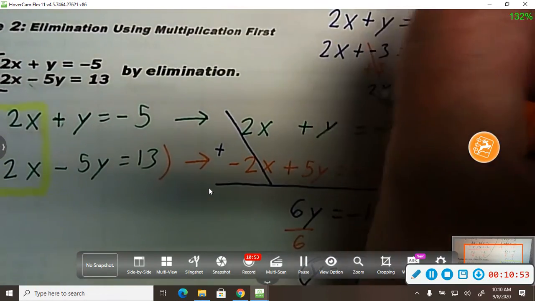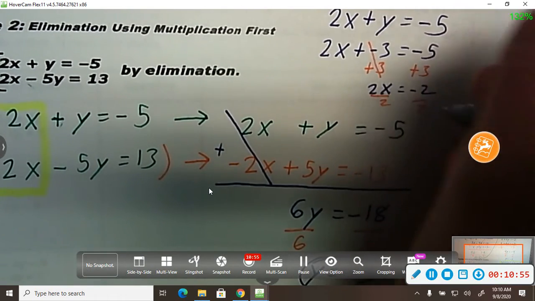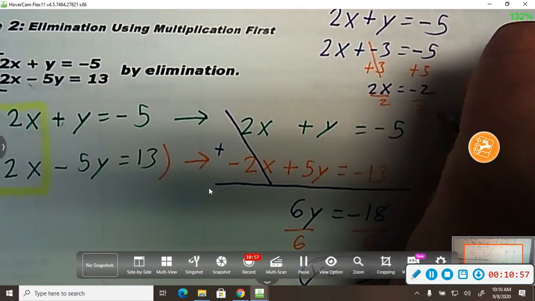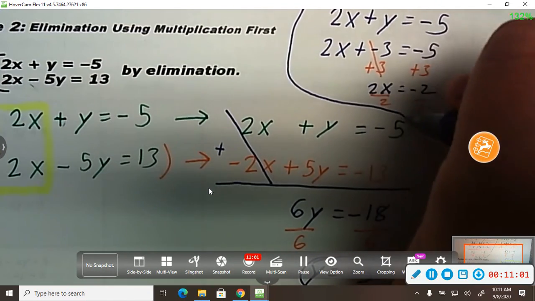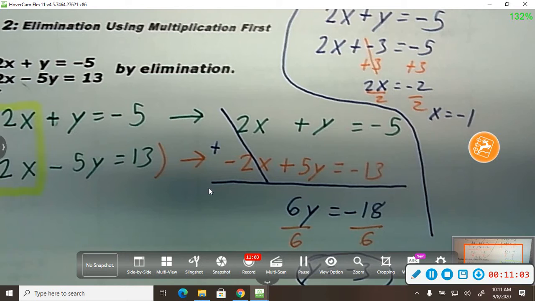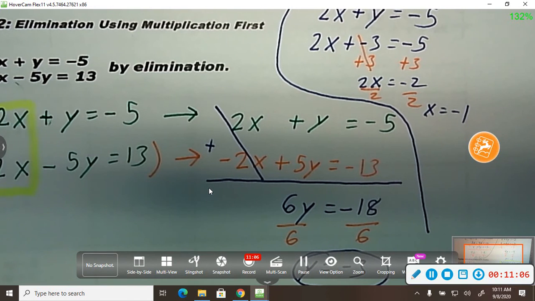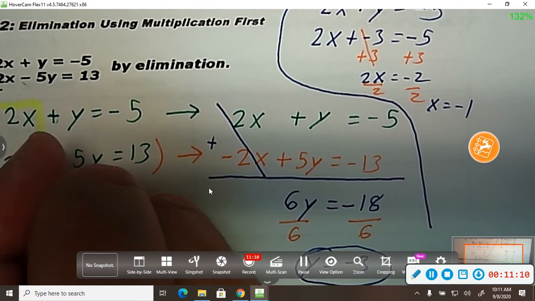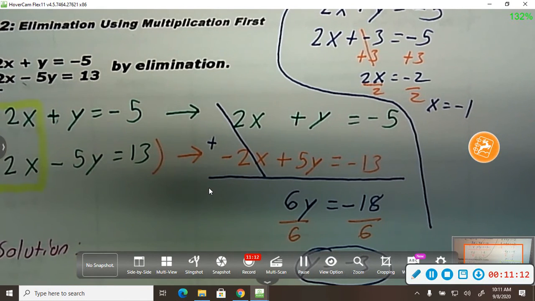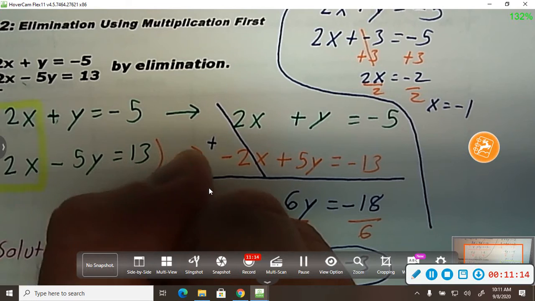Divide by 2. And I get x is -1. I'm going to do this so that I don't get confused that those aren't together. So over here I could say solution is -1, -3.